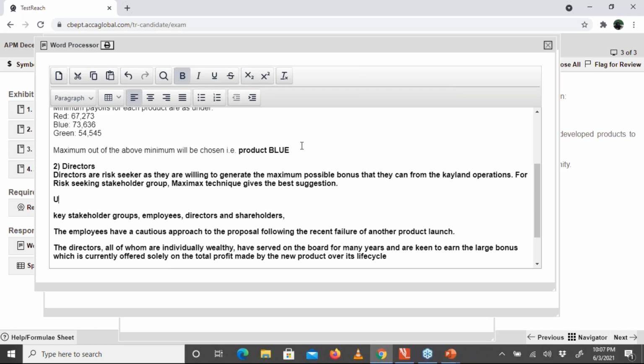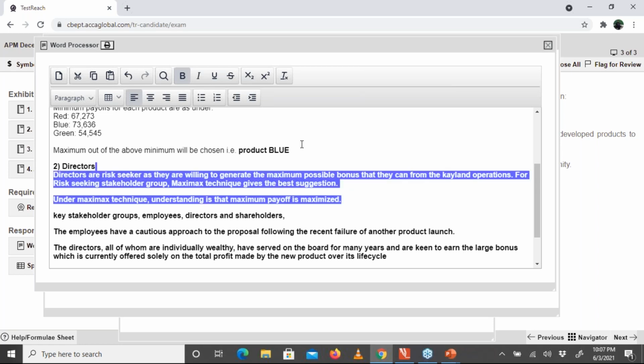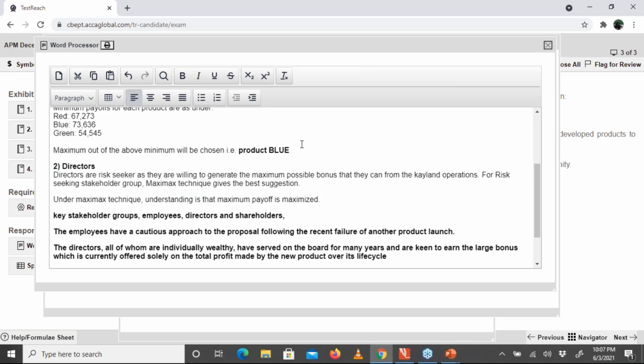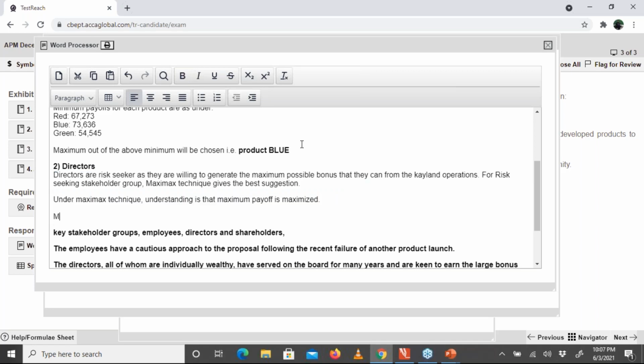Under the Maximax technique, the understanding is that maximum payoff is maximized. Now, what exactly do you mean by maximum payoff?